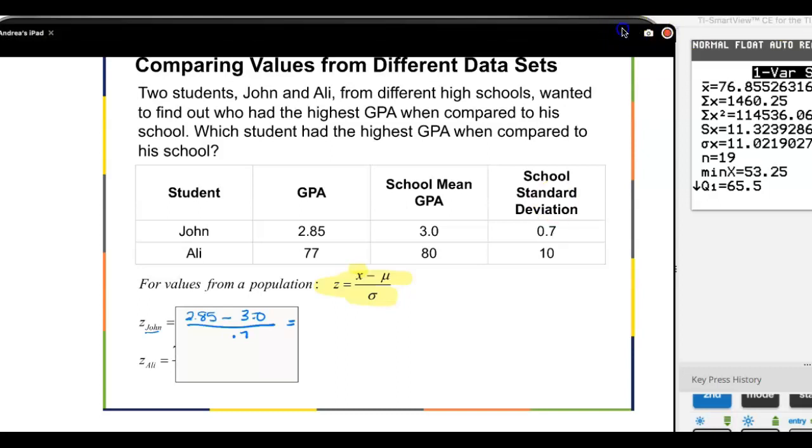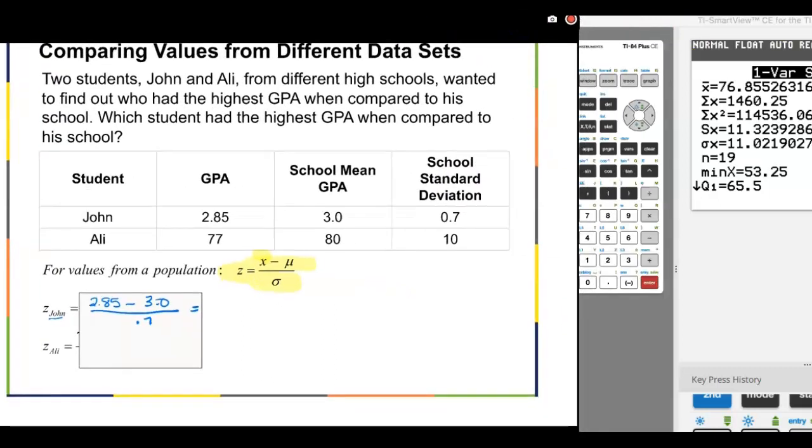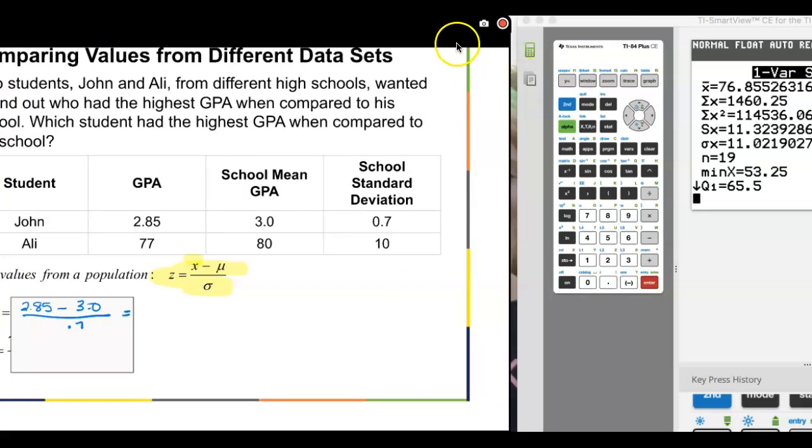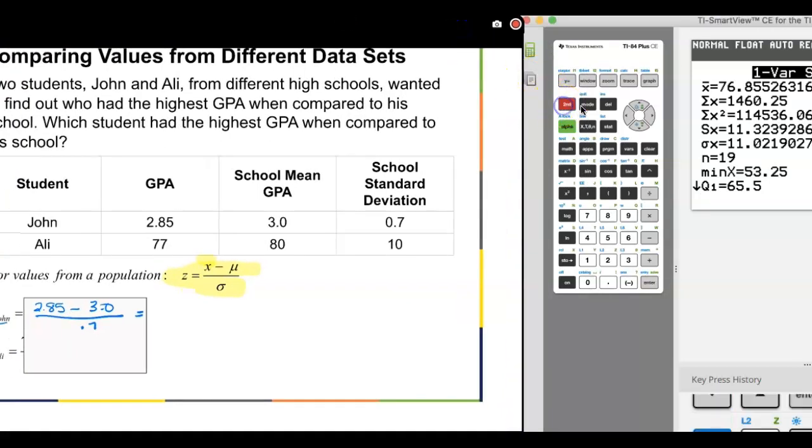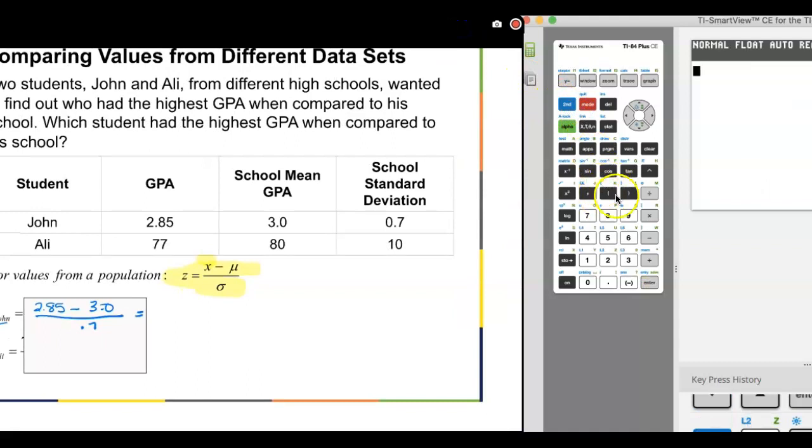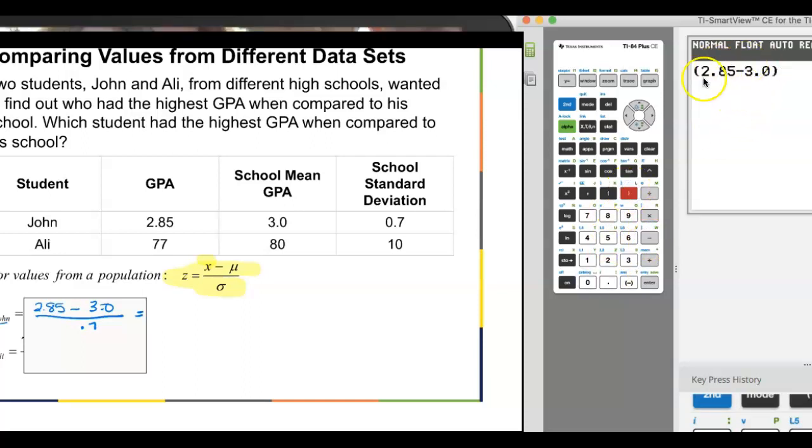Okay, so let's look at our calculator here. I'm going to use parentheses so I can do it all in one step: 2.85 minus 3.0. If you don't use parentheses, it won't subtract first; it'll only divide the 3.0.